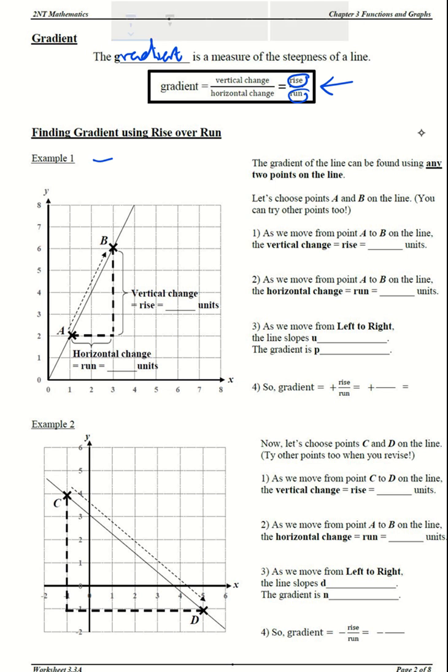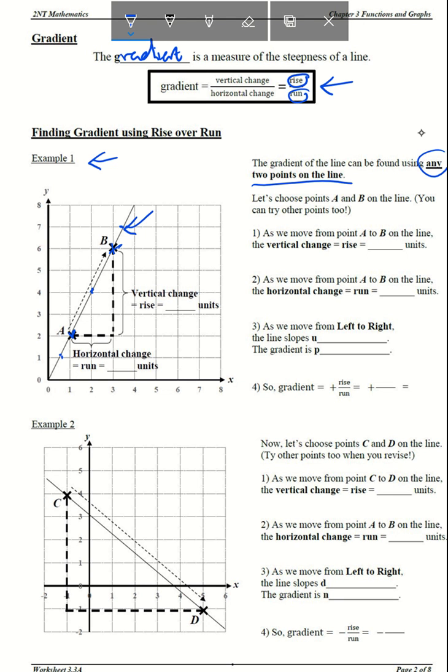I showed you an example 1. Suppose there's a straight line here, and you can choose any two points on the line. All these points can be used, but I'm going to choose A and B in this question. We have also learned how to find the coordinates of a point.